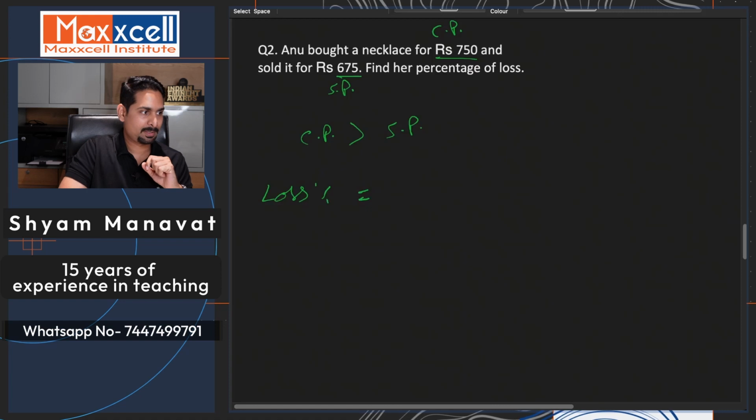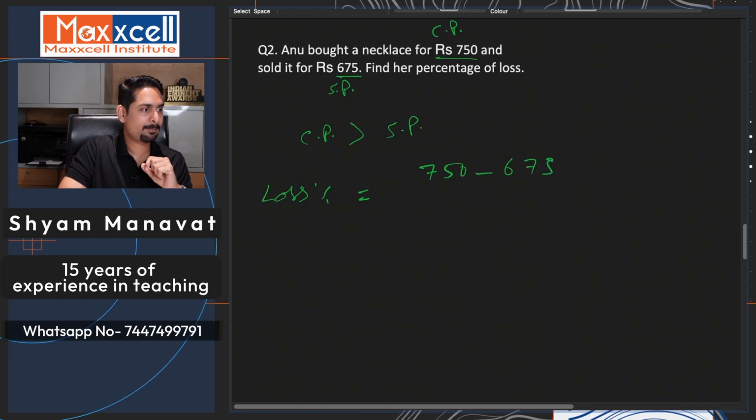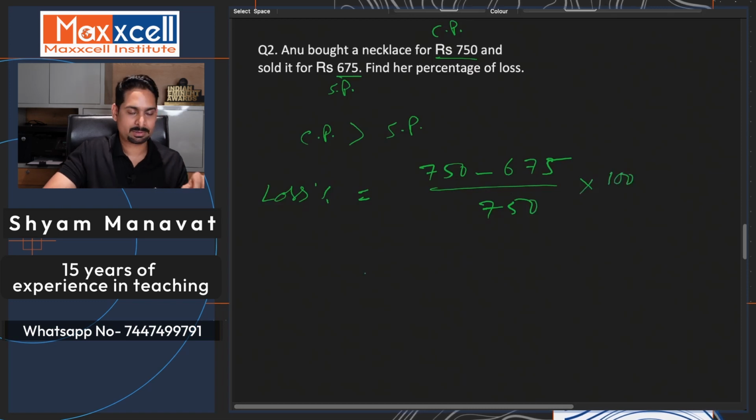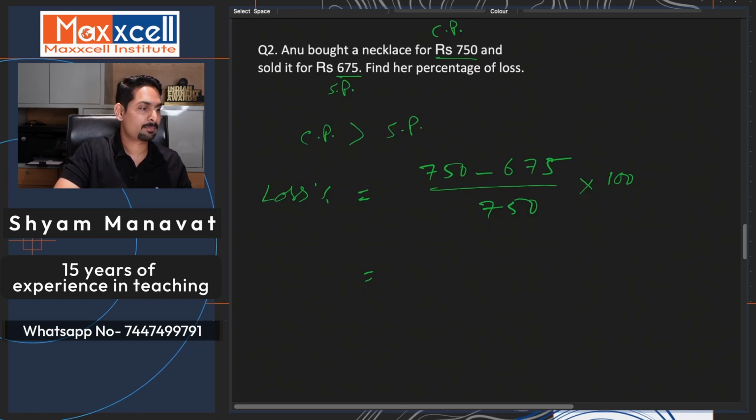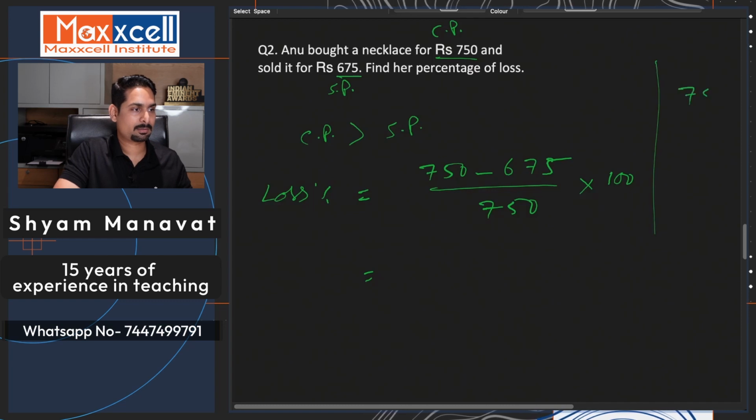Difference. Okay, difference by cost price into 100. Yeah. So what is the difference of these two? How much is the difference? 75. Correct. Yeah.